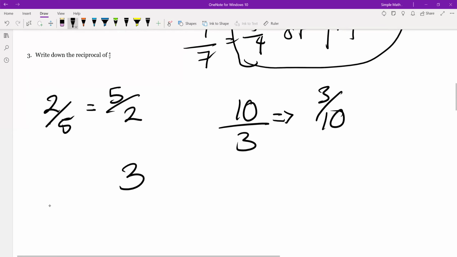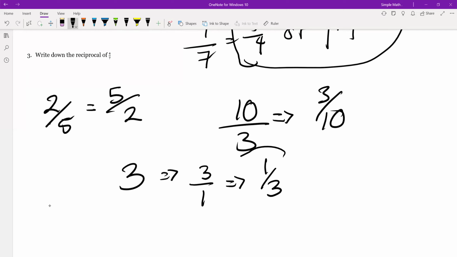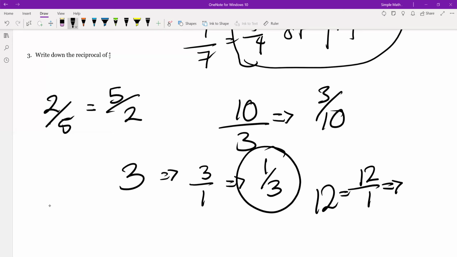You can rewrite a whole number as that number over 1. So 3 over 1, and then you flip it, or turn it upside down, as 1 over 3. So usually when they ask you for the reciprocal of a whole number, you just make it 1 over that number. Reciprocal of 12, for example: 12 is the same thing as 12 over 1. Turn it upside down, you have 1 over 12.